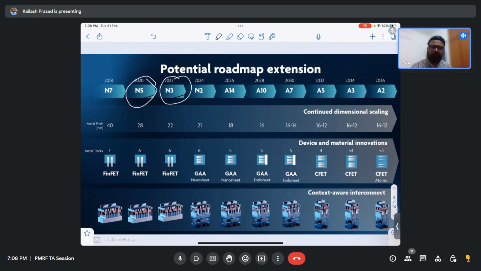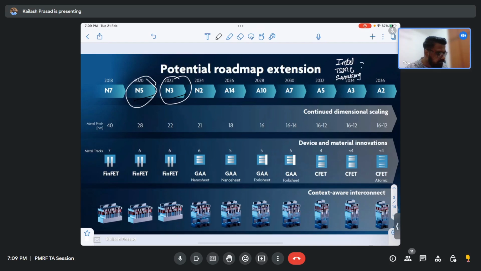There are a couple of architectures proposed in the literature, and companies like TSMC and Intel are working on them aggressively. I would name three companies: the first is Intel, the second is TSMC, and the third is Samsung.